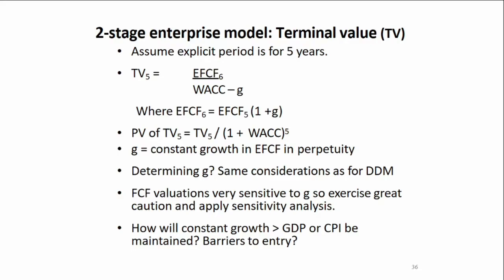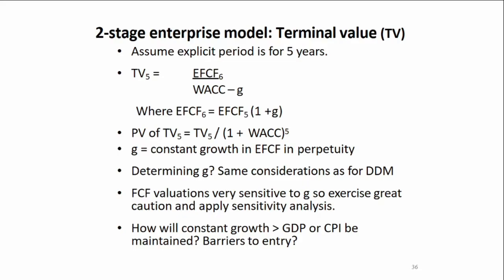So once we have determined the terminal value at the end of the explicit period, which in this scenario is at the end of 5 years, we need to present value this terminal value. This terminal value is the value at the end of 5 years, but we want to know what is the value today.